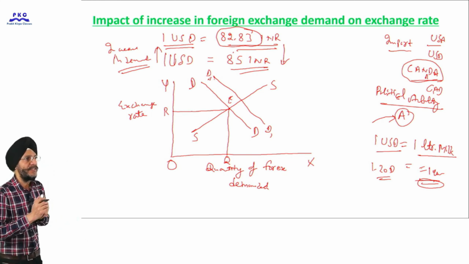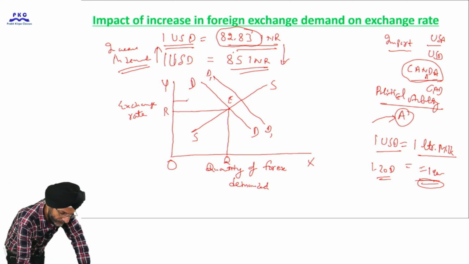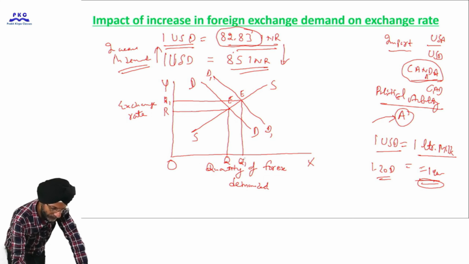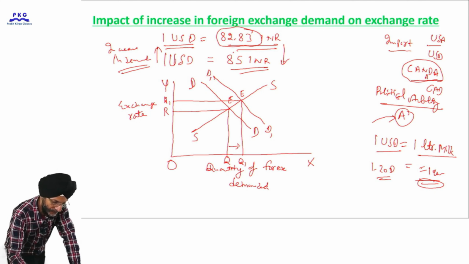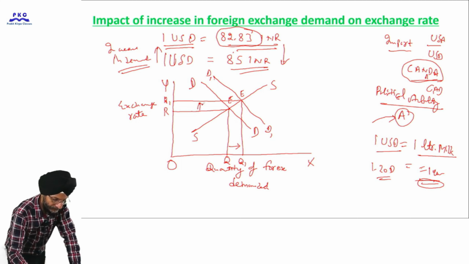The equilibrium point also shifts upward, and the rate increases. So when quantity demanded has increased from OQ to OQ1, the exchange rate has increased from OR to OR1.